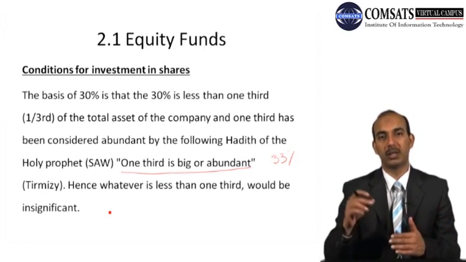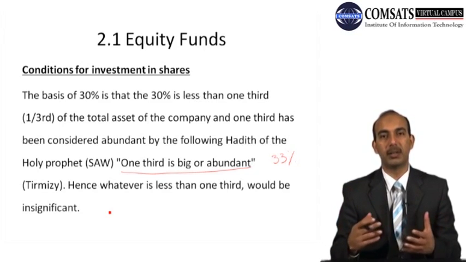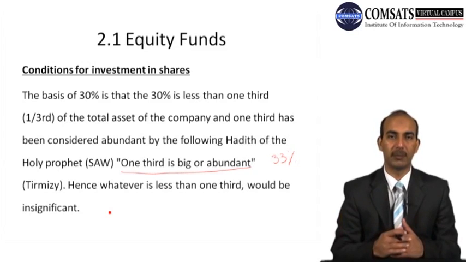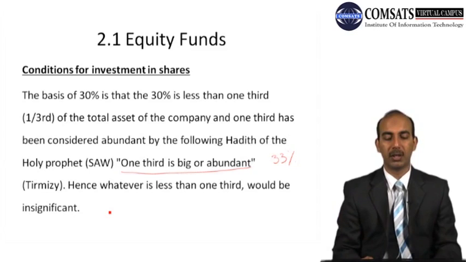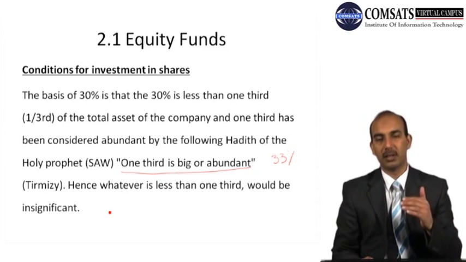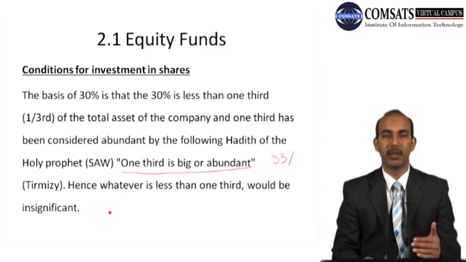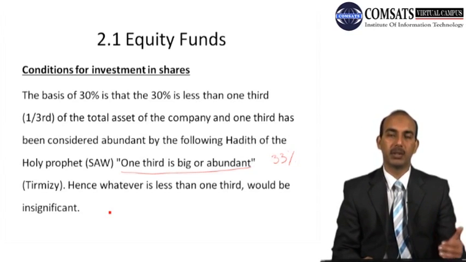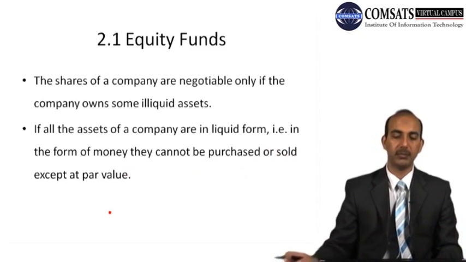If it goes to 33%, then it is a big amount, it is abundant. If it is less than 33%, the scholars think this is not a big amount and it will be considered insignificant. So in such companies, where the short-term and long-term investment in activities which are not allowed under Sharia is less than 30%, it is permissible to invest in the stocks of those companies.